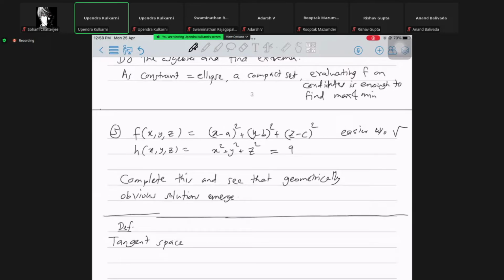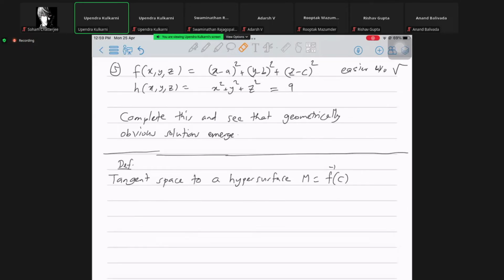Definition: tangent space to a hypersurface M. While I'm doing the verbiage, here is the thing.